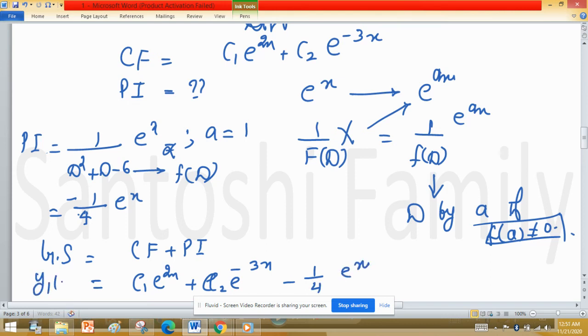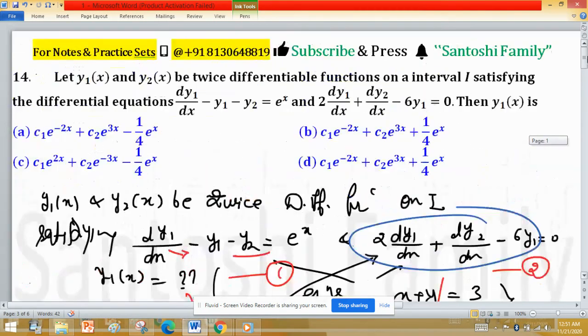This is our y1(x), because this is the final differential equation in terms of y and its differential coefficient. So the option c1 e raised to the power 2x, c2 e raised to the power −3x, minus 1 upon 4 e raised to the power x, option C is true here.